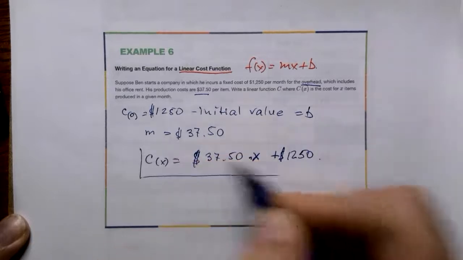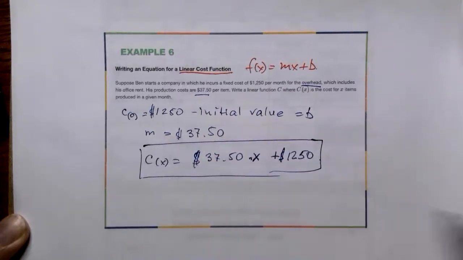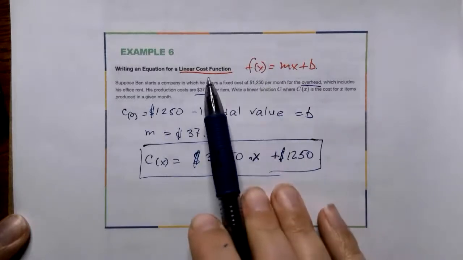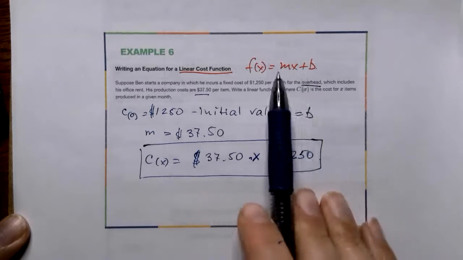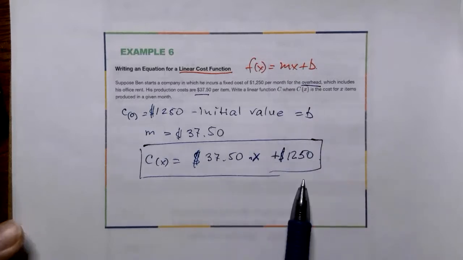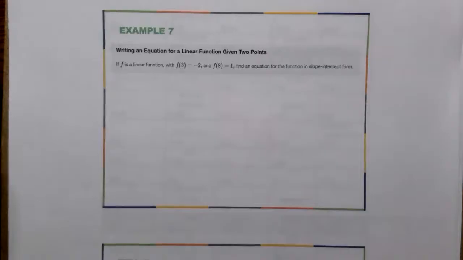So this is it. This is how you write your function. So again, three things. First of all, we know it's a linear function. So we know we need the rate and we need the initial cost. Once you identify those, here you go. That's your function.